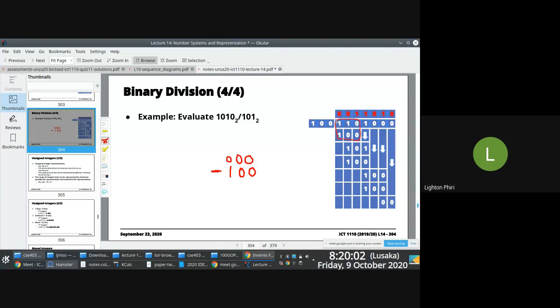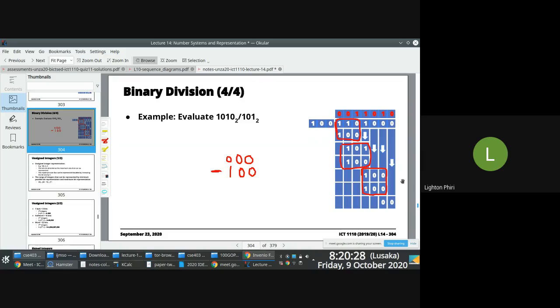This bit, this bit, and this bit. In fact, we can double back to the previous example, and what you will notice is that in all of these cases, the number on top is always greater or equal to the number below.